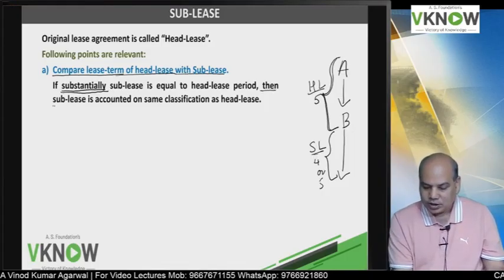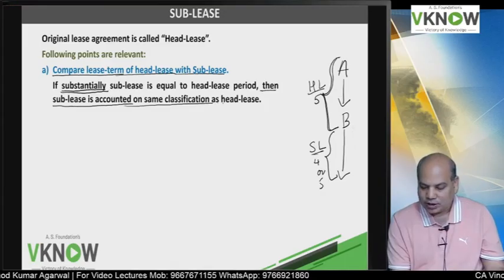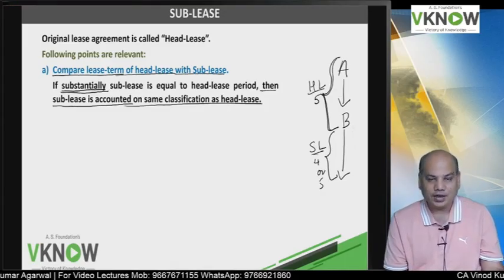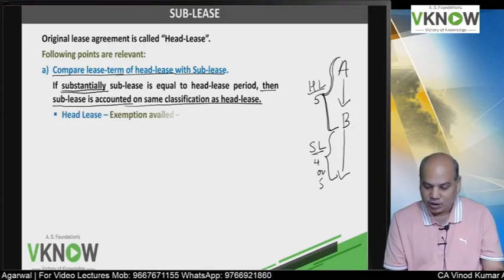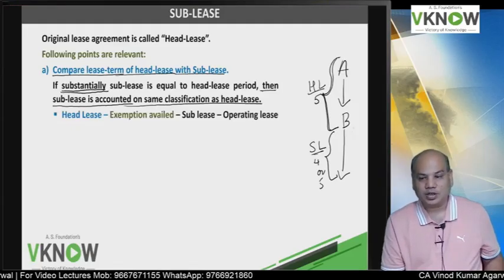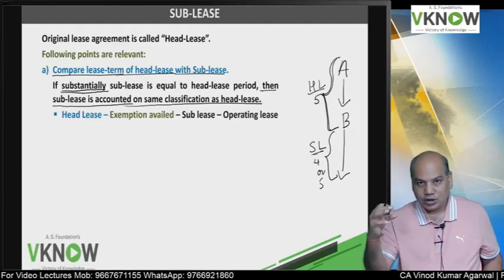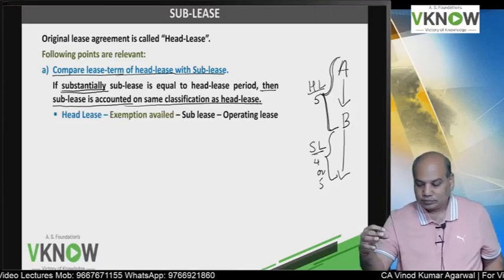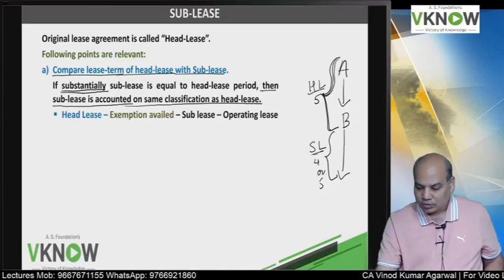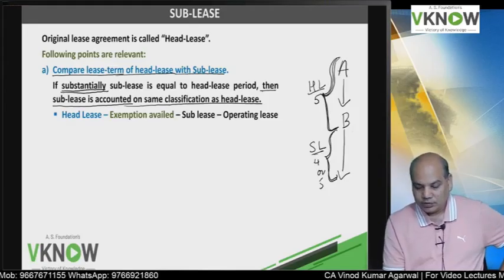Then sub-lease is accounted on the same classification as head lease. First point, look at the lease term for the head lease, look at the lease term for the sub-lease.